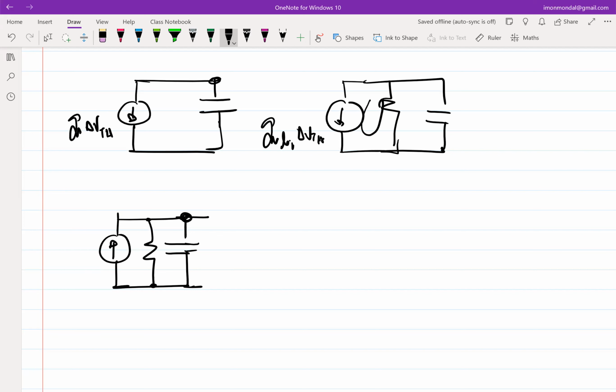Yeah, at steady state, the capacitor is no longer in the picture. All the current will flow into the resistor and voltage will settle to whatever it is supposed to. So the linear region, it settles to linear region because this resistance appears, right?